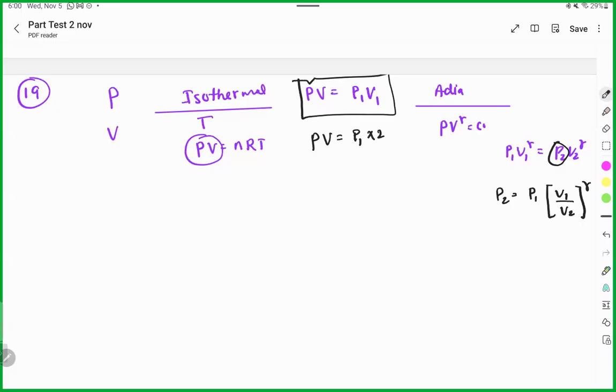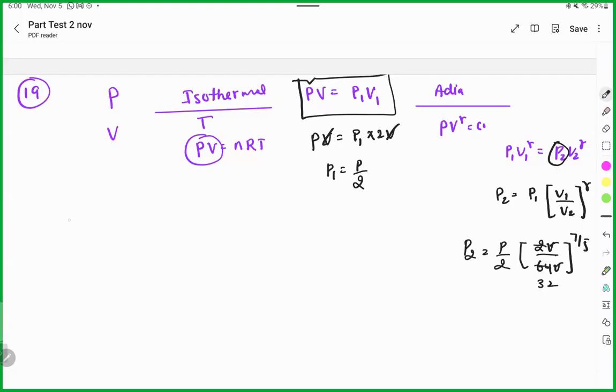P1 value was 2V, it is given in the question. V cancels. P1 value is P by 2. How to calculate P2? P by 2. V1 was 2V given in the question. V2 is 64V given in the question. And power is 7 by 5. So V cancels, 2 by 64.